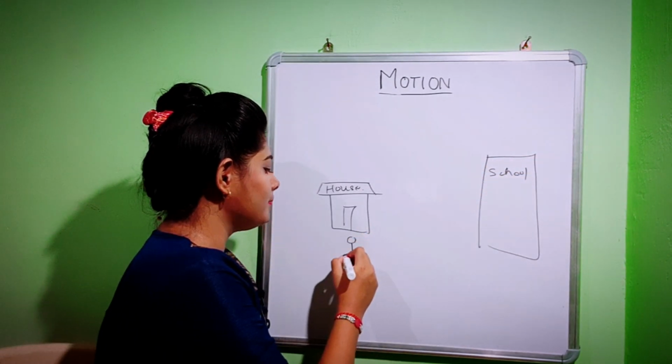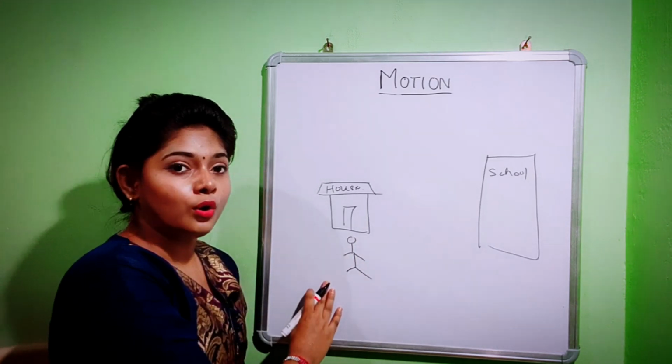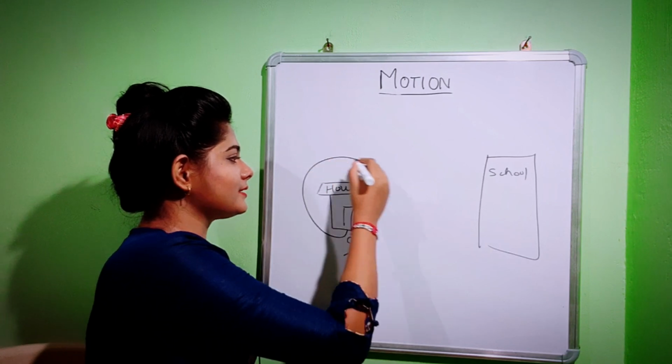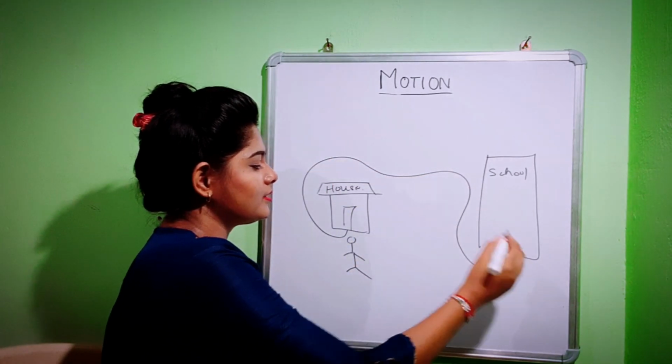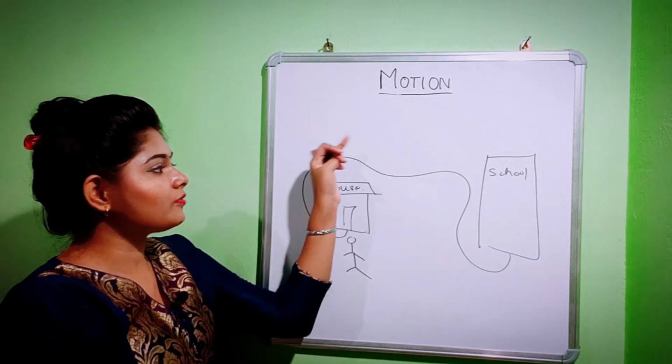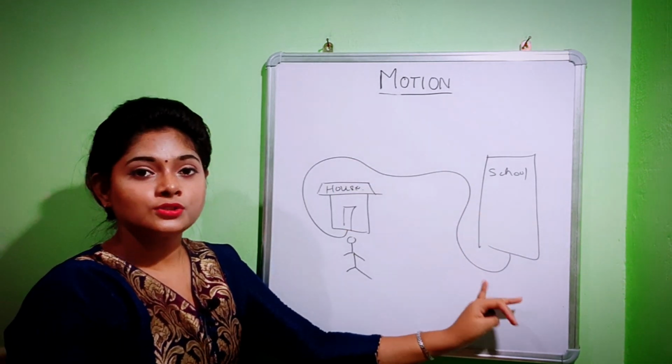So here is Ram, who will now go from his house to school. So he starts from his house and moves like this to reach the school.